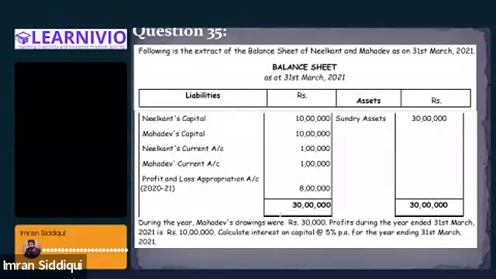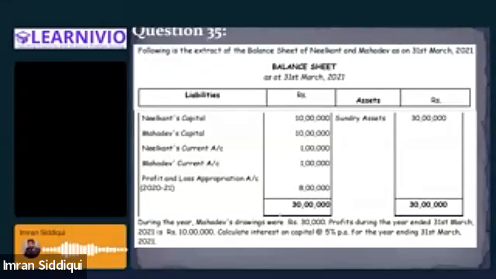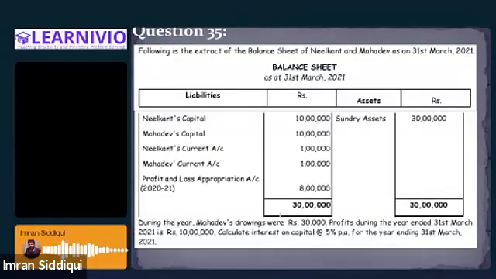Yes, sir. And since there are two capital balances given in the question, that means this partnership firm is maintaining the capital account by the fixed capital method, right? Why? Because we are able to see two different balances, one for Neelkant's capital account and the current account as well.